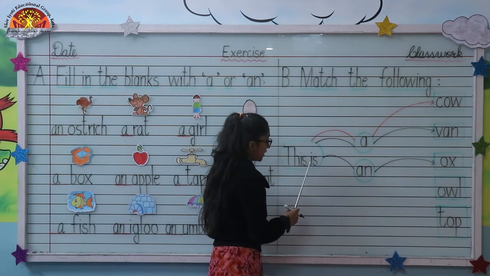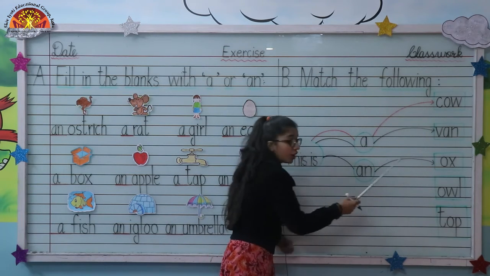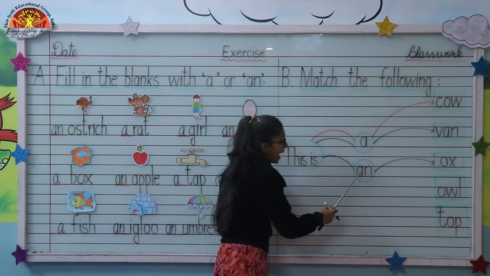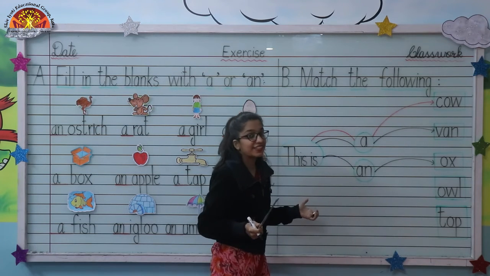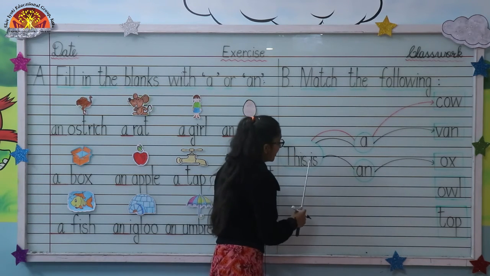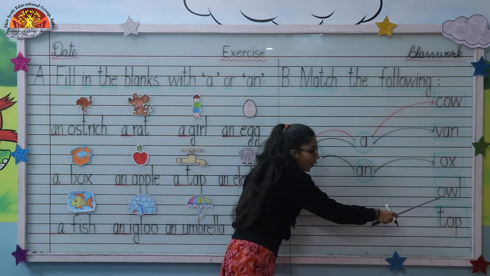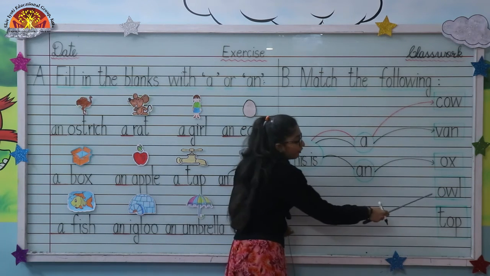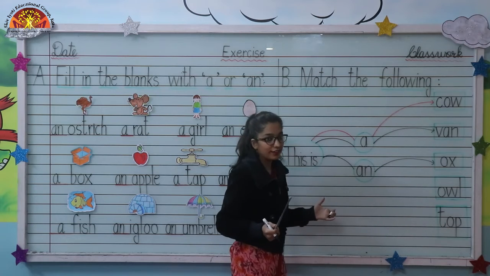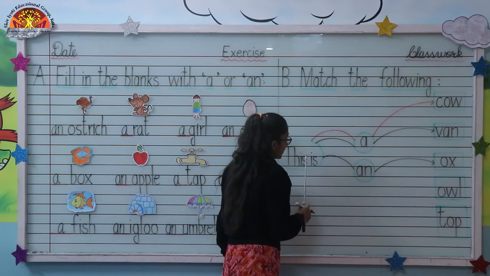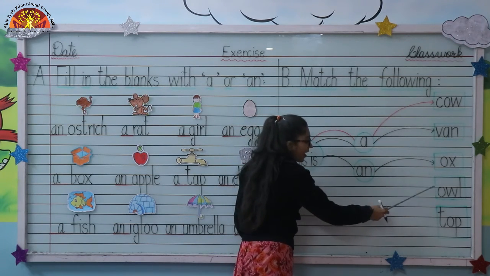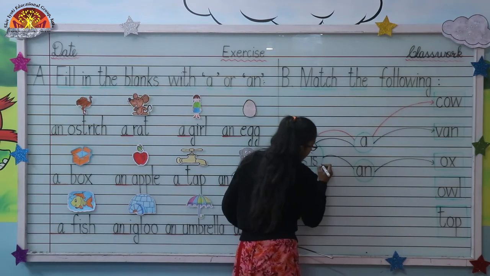Next, this is a owl or this is an owl. Which one is correct? Yes, this is an owl because again first letter is a vowel here. Okay, so this is an owl. So match.